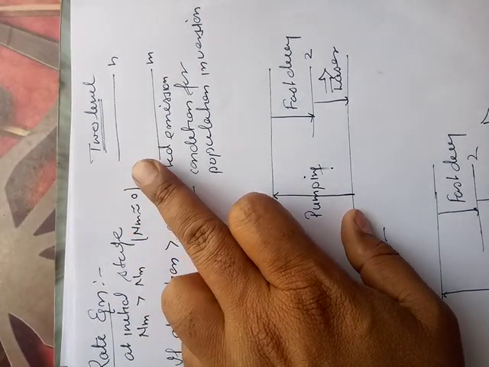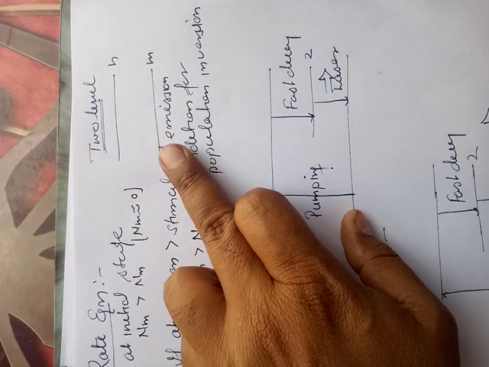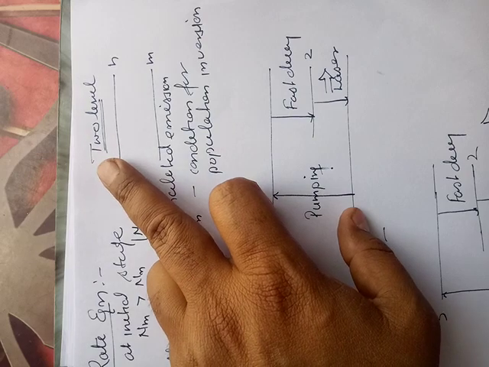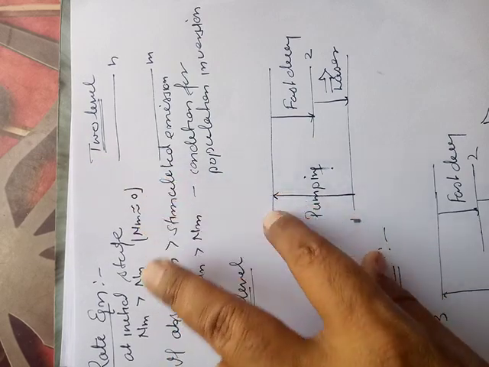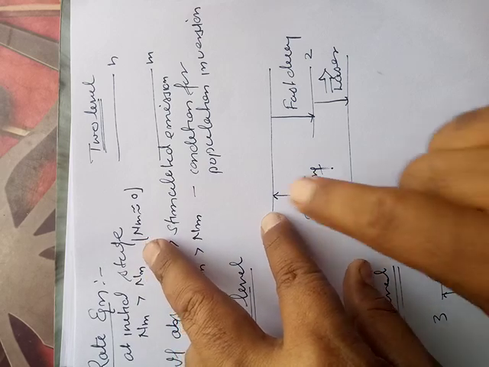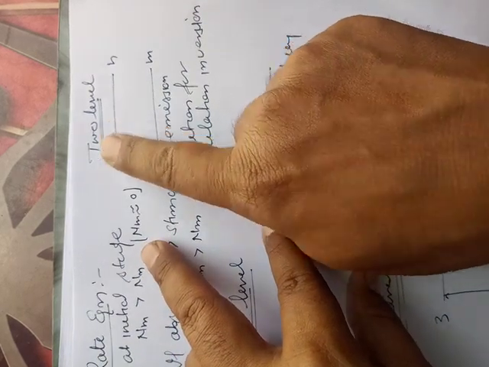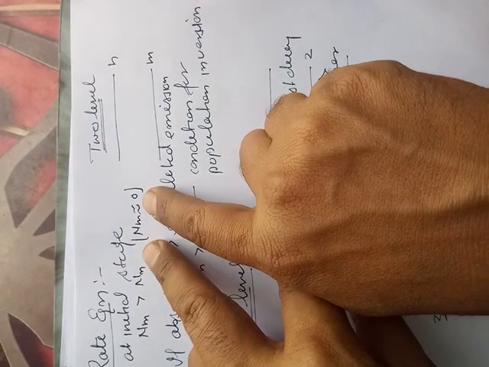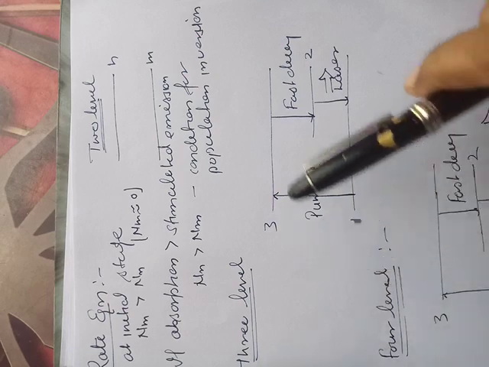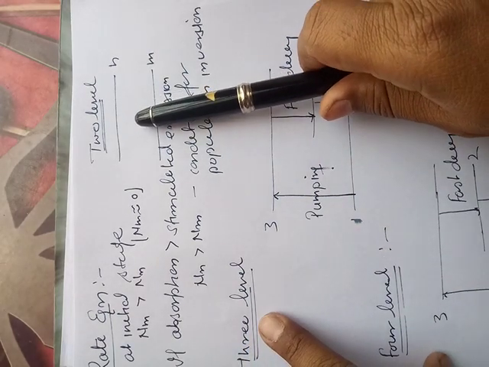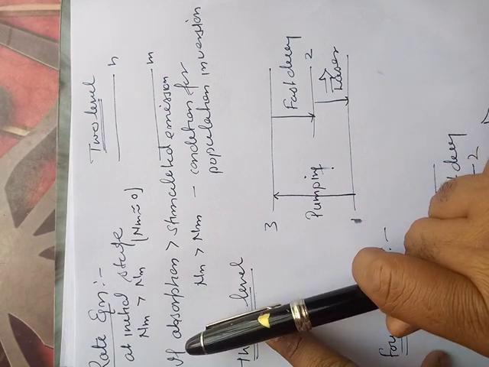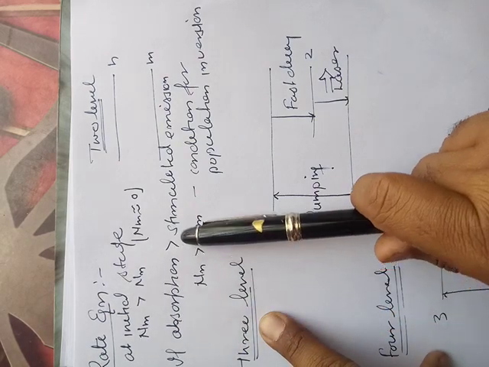as the excited state. At the initial state the number of atoms or ions present in the ground state is more as compared to the excited state. Means N1 is greater than N2. At the initial stage we suppose N2 is approximately equal to 0, which I am writing in brackets. Now when you incident light on this two level system, absorption of light will take place if the absorption is greater than stimulated emission.